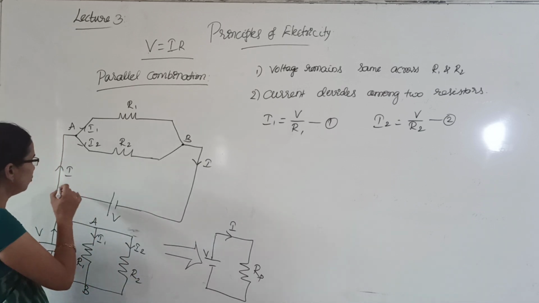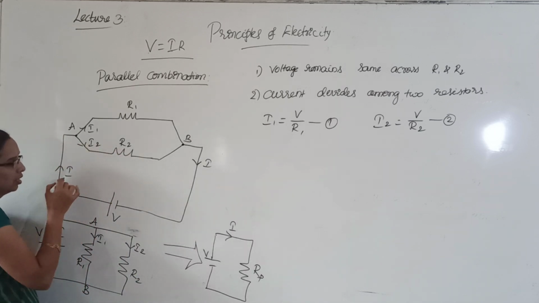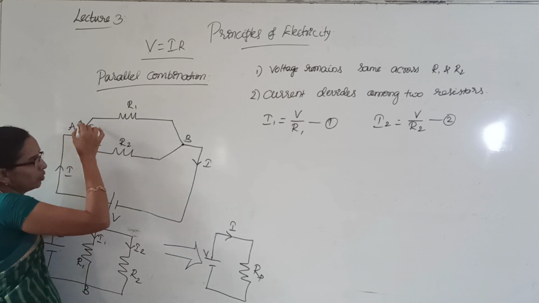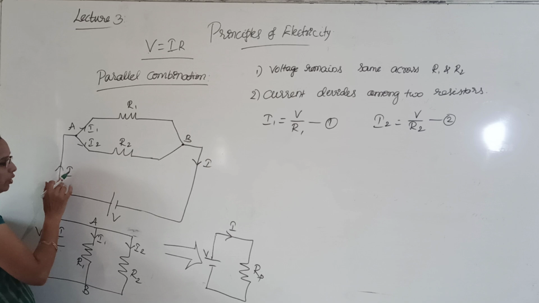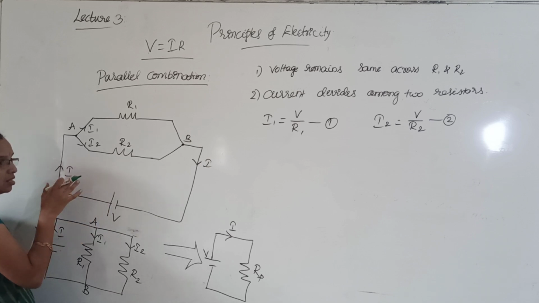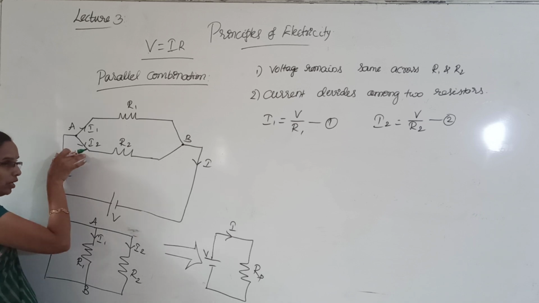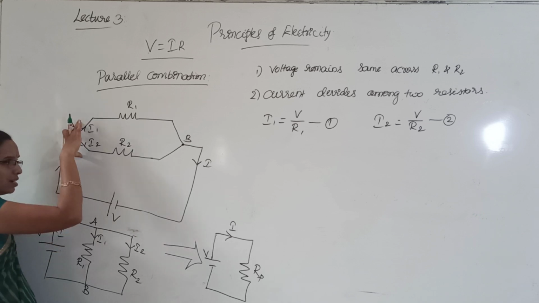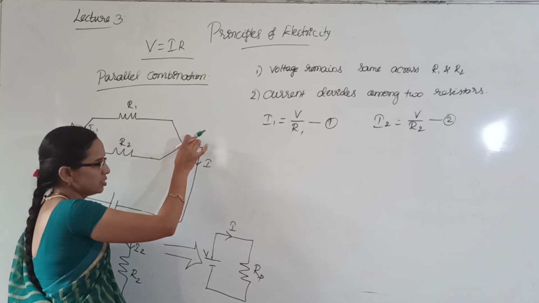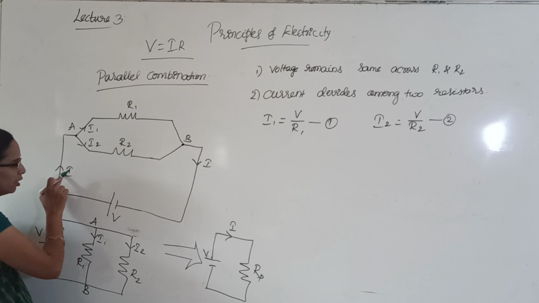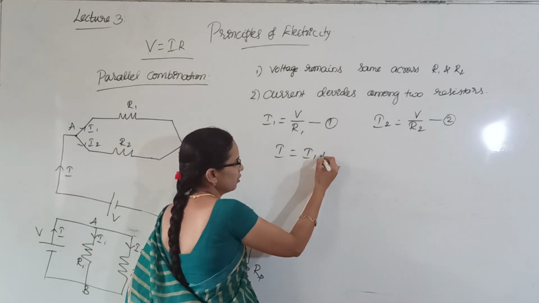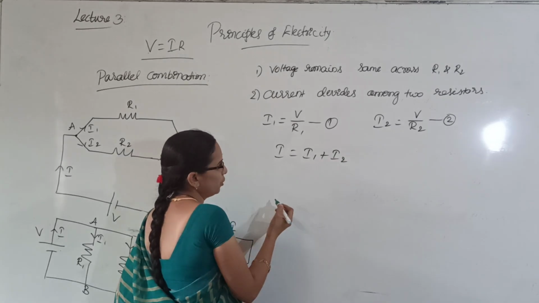Okay, the current entering the point should be equal to the current leaving the point. That means for the applied voltage a certain amount of current is flowing, that current only divides, and again at point B those two currents join here, and that will be equal to I. Therefore I is equal to I1 plus I2.